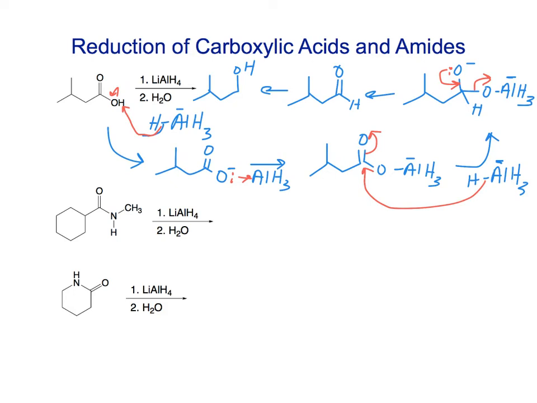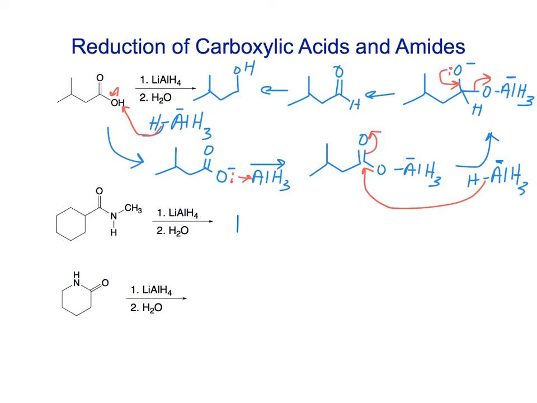Now, amides are slightly different. In all of the other cases, what we've always seen is that we end up cleaving the bond next to the carbonyl and then reducing the carbonyl to the alcohol. We get something different for amides.